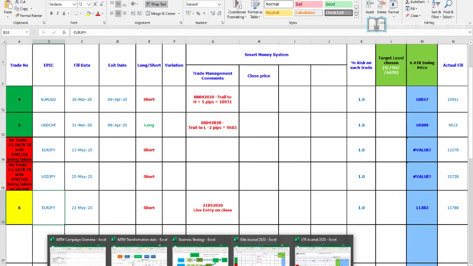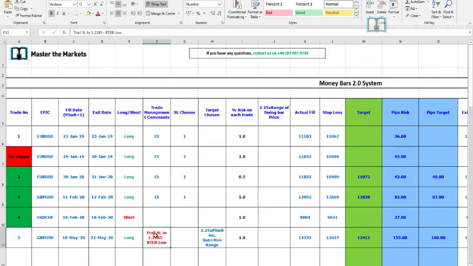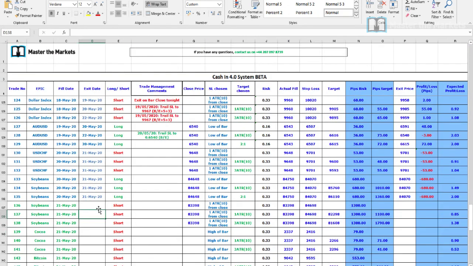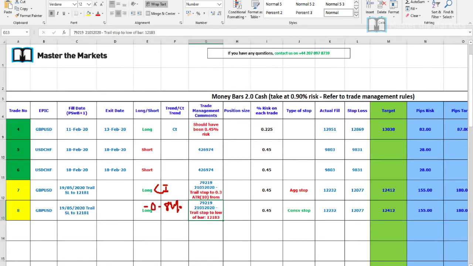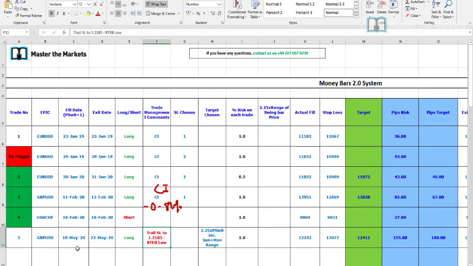In terms of our live trading room, in terms of cash in for this week, if you were to total up from 18 to 22nd May today, a small loss of minus 0.89% on cash in. And in terms of money bars 2.0, we had cable which we took and we came out at 121.83.